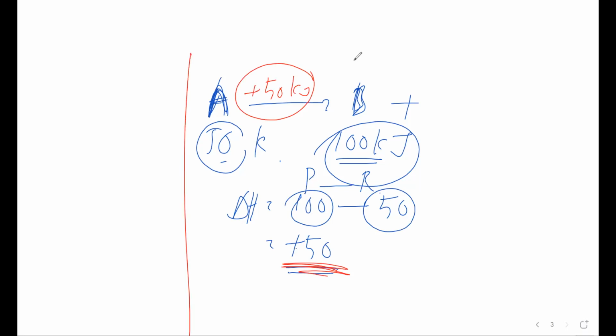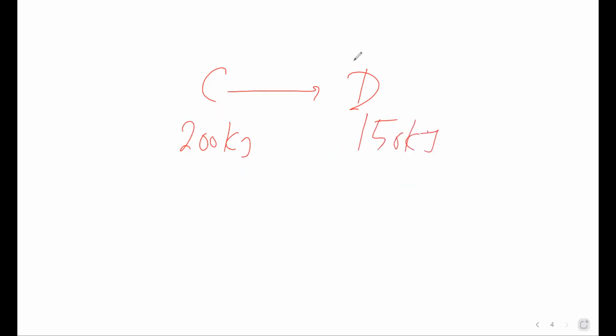You can also think about the negative value. Say compound C becomes D. Say you have 200 kilojoule, and it becomes 150 kilojoule. So it has less energy. Always delta H equals delta H product minus delta H reactant.